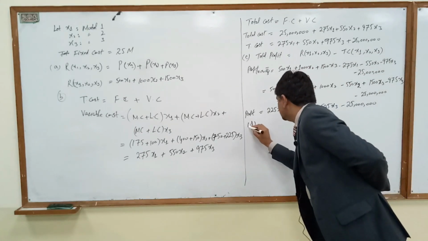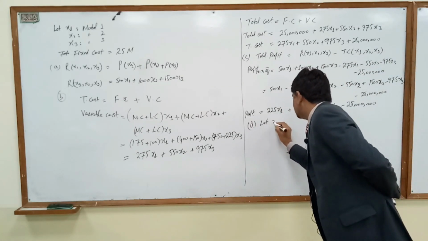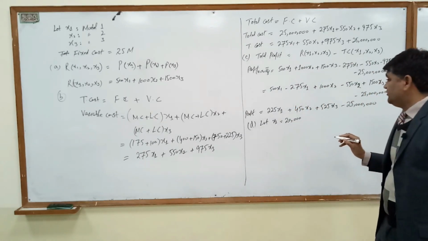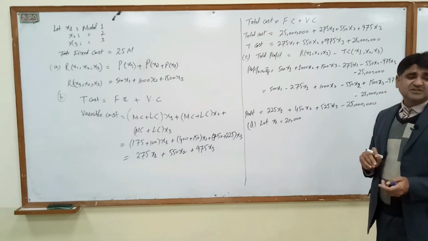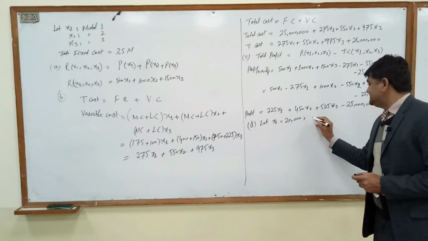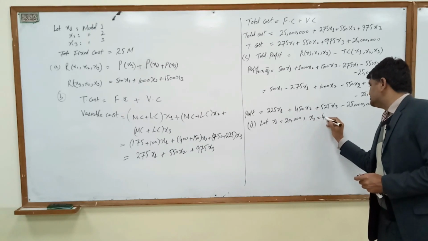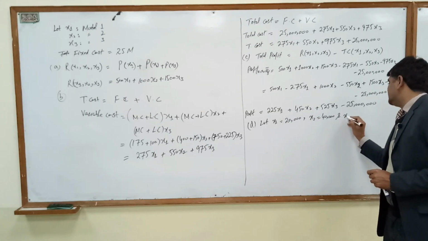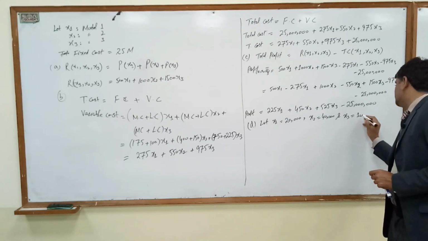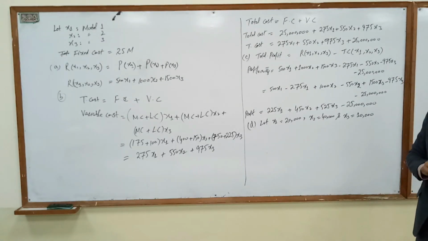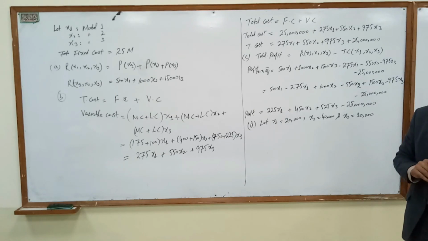So let x1 equal 20,000 units of Model 1, 40,000 units of Model 2, and 10,000 units of Model 3.